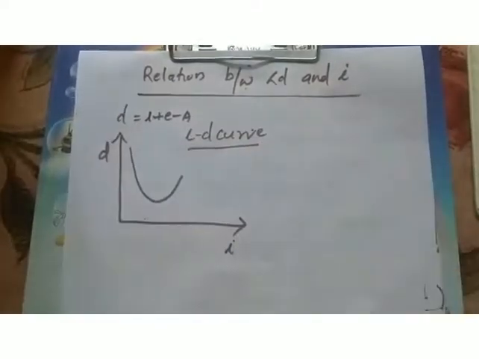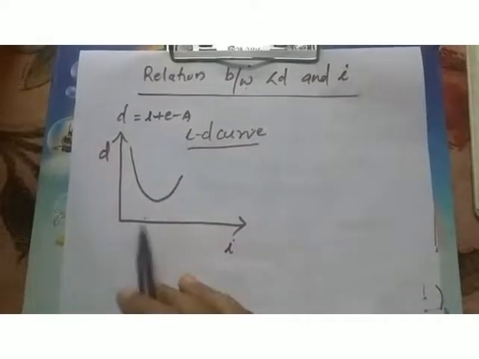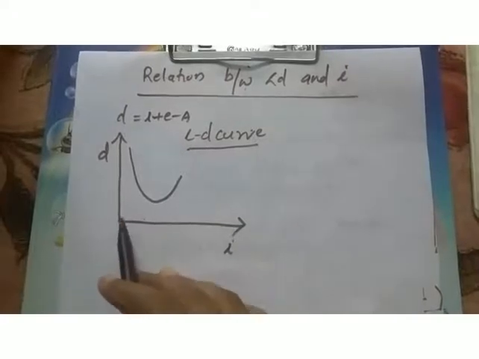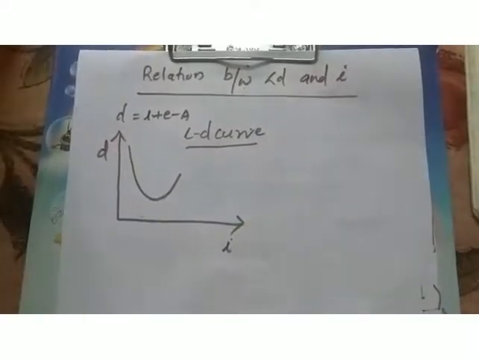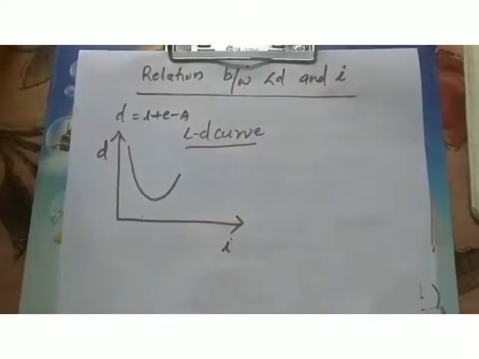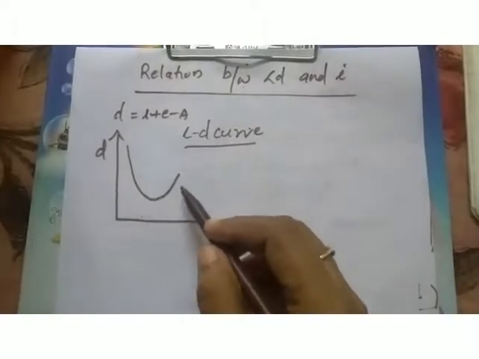So what is the ID curve? ID curve is a graph where angle of incidence I is plotted along the x-axis and angle of deviation D is plotted along the y-axis. And the variation of angle of deviation with respect to angle of incidence is plotted in this graph.